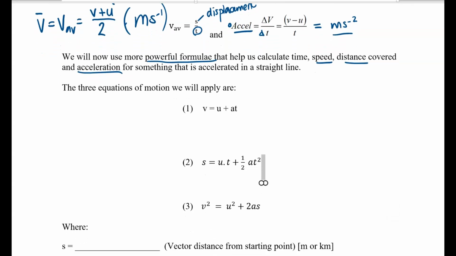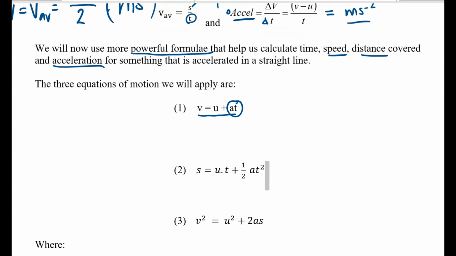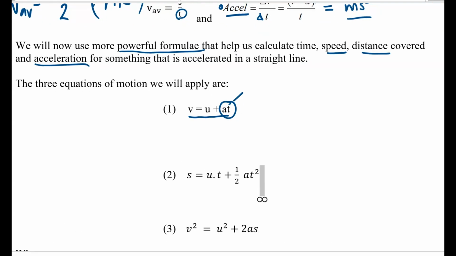Okay, first one's easy because it's just tweaking what we've done before. Our v is our final velocity, as always. U is our initial velocity, and a t there, there's a number of ways you can write it, a dot t, which is the same, of course, as a times t.